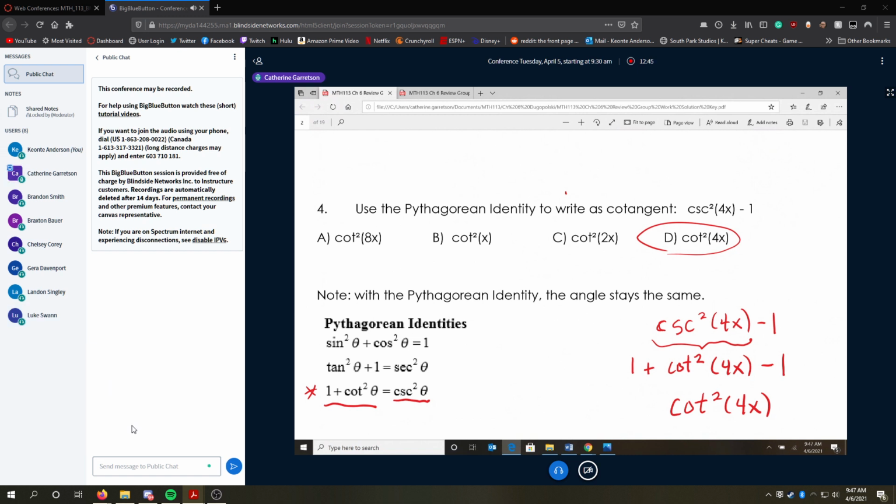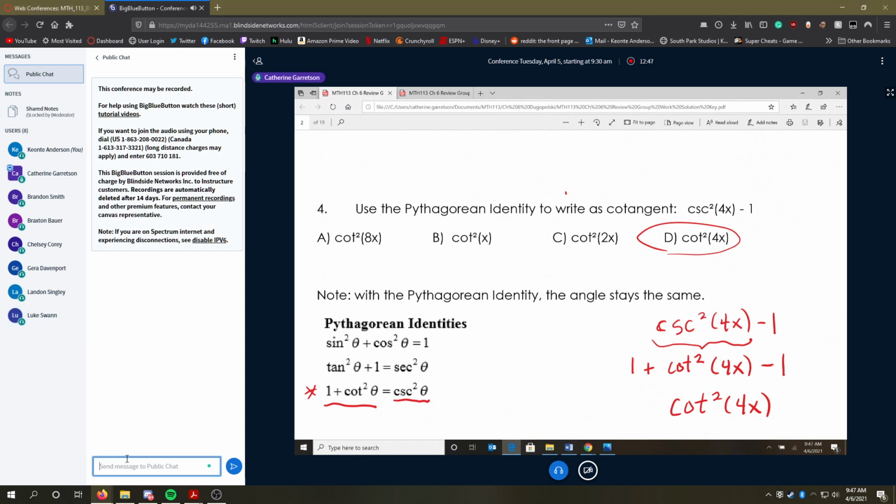Having to manipulate it? I know that a lot of times you will work with sine and cosine, but not always cotangent and cosecant. We do work a lot with tangent and secant in Cal 2 and sine and cosine. A little bit of the second one, but not as much.